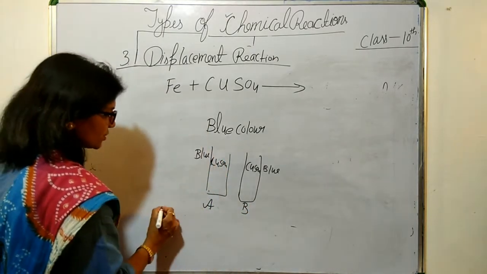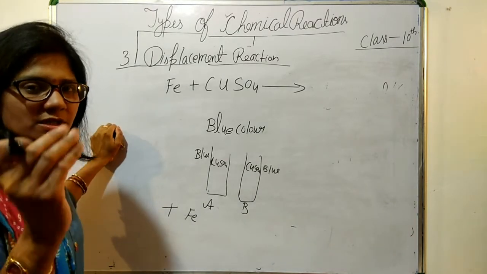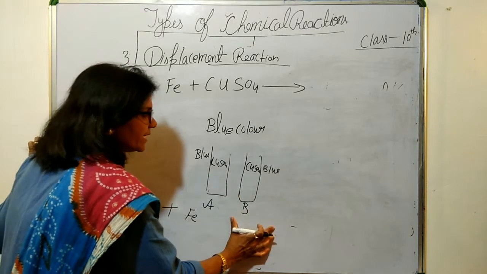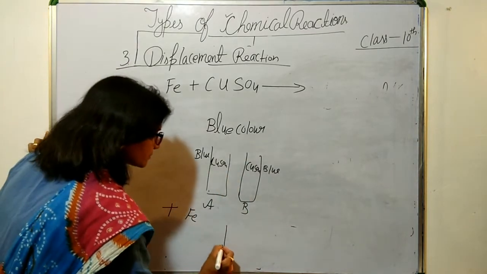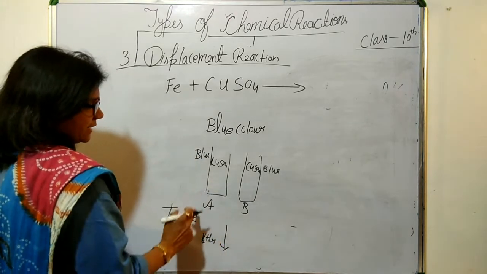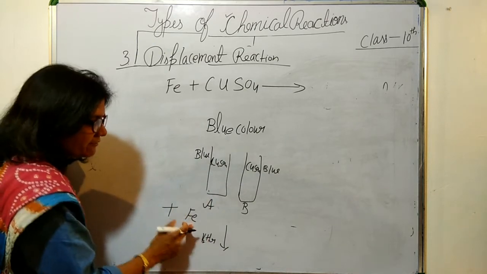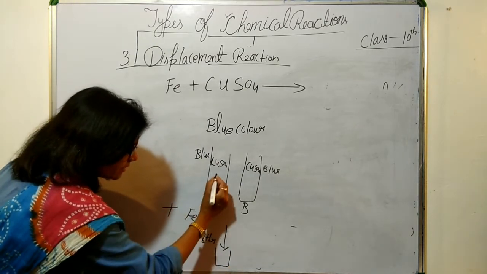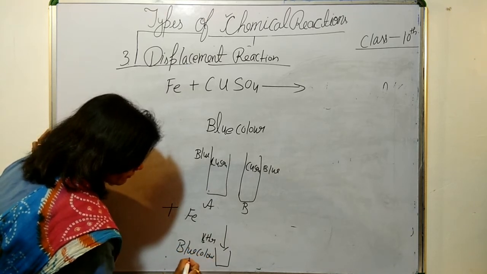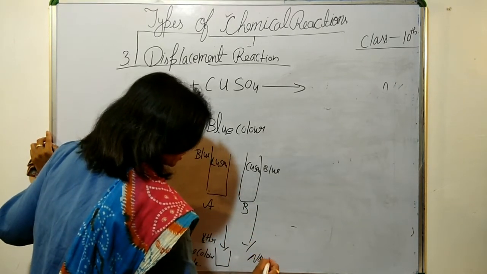In one of the test tubes we add Fe, iron filings, which is iron powder, and the B test tube we leave as it is. Then after half an hour, we observe that in the test tube having the iron filings, the blue color fades. But the other is as it is, no change.